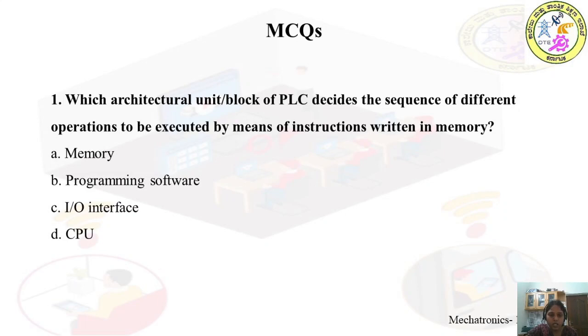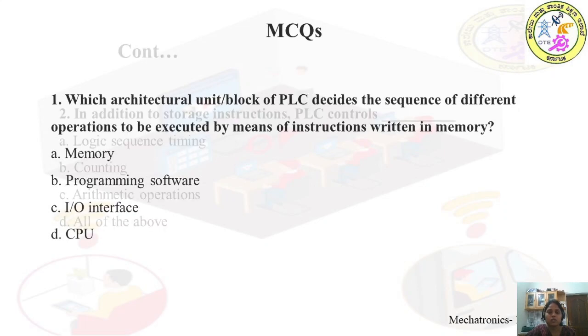Which architectural block of PLC decides the sequence of different operations to be executed by means of instructions written in memory? Option A, memory. Option B, programming software. Option C, I/O interface. Option D, CPU. The answer is CPU, Central Processing Unit.